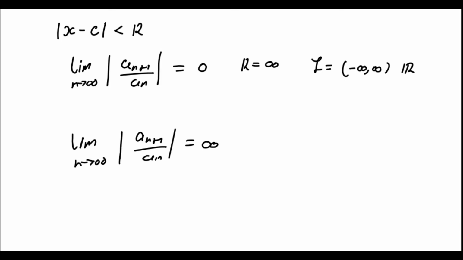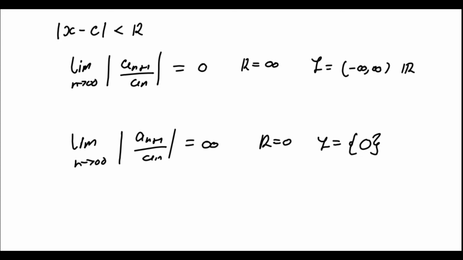But if you evaluate and end up with infinity, what this means is that your radius of convergence is equal to 0, then the interval of convergence is not really an interval, it's just going to be a single point, which is 0 itself, like that.